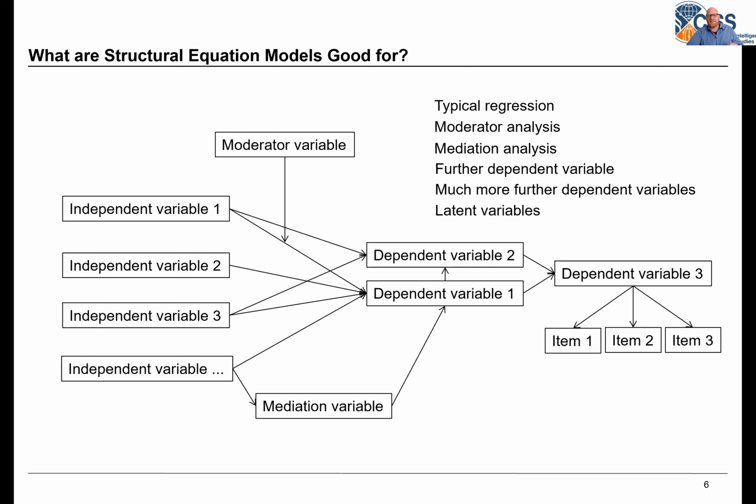If you can see my cursor, this independent variable influences dependent variable 1. But say this relationship is mediated by another variable, as a full mediation. Then the independent variable would have no direct influence, but it would have an indirect influence over these paths.